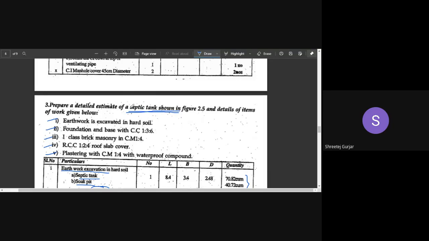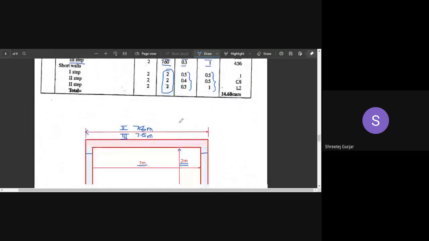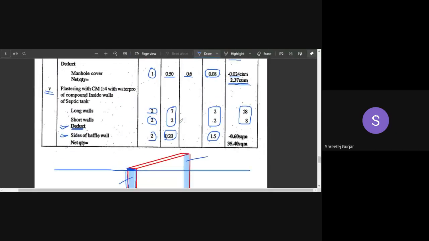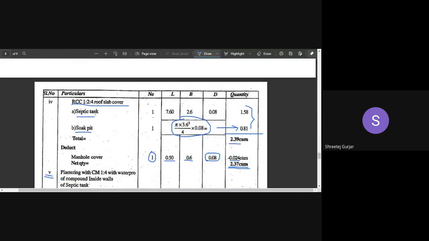But here only septic tank is mentioned, hence we have only dealt with septic tank. Now in the next numericals, we will deal with a soak pit also, wherein we will learn in detail how to calculate the quantities in a soak pit. Shall we move on to soak pit calculations? In detail, we will solve 3 numericals. Very easy, soak pit is very easy.